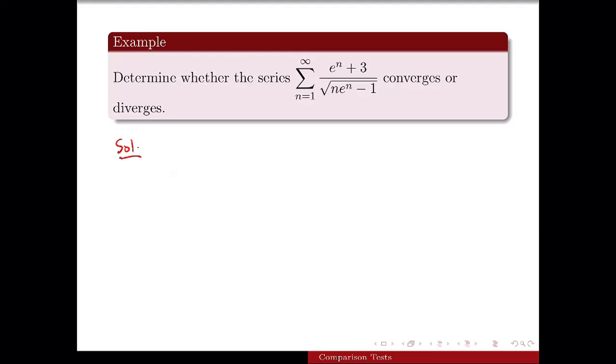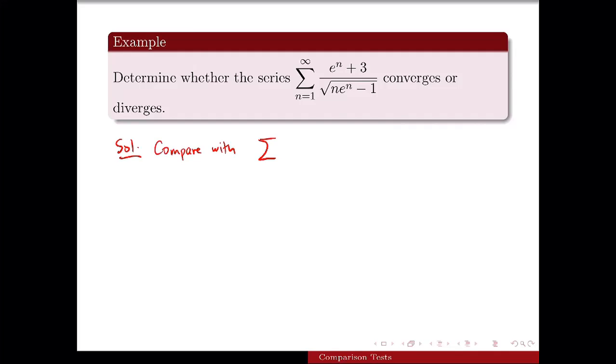Like I mentioned earlier, you use the term that contributes more in the numerator and in the denominator. And then you will have a series that you can compare the original series with. So just compare with the series.